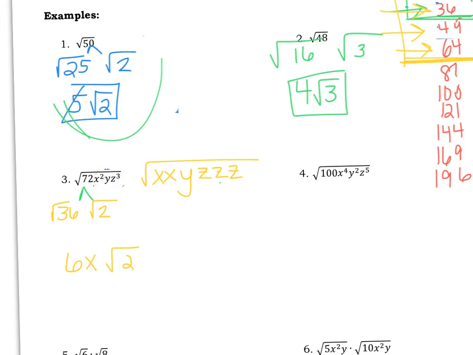Since you only have one y, is that going to break out? No, so y is stuck inside. But notice I have 3 z's. If I do z squared and z, I now have an even exponent, so divide that by 2. 2 divided by 2, that's 1, so I have 1 z on the outside. This z is odd, so he stays on the inside. And I'm done.